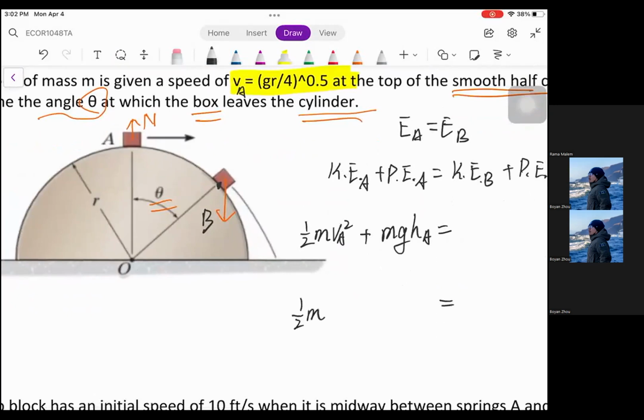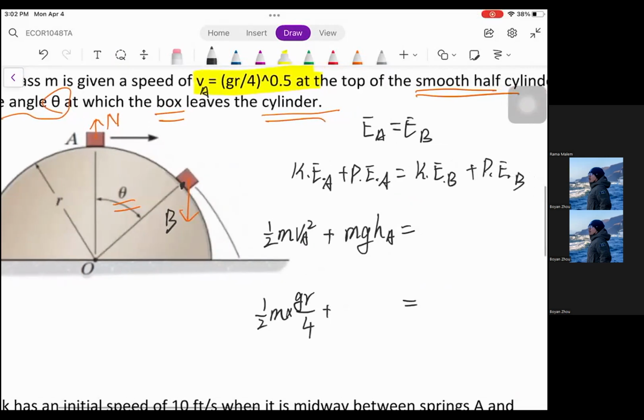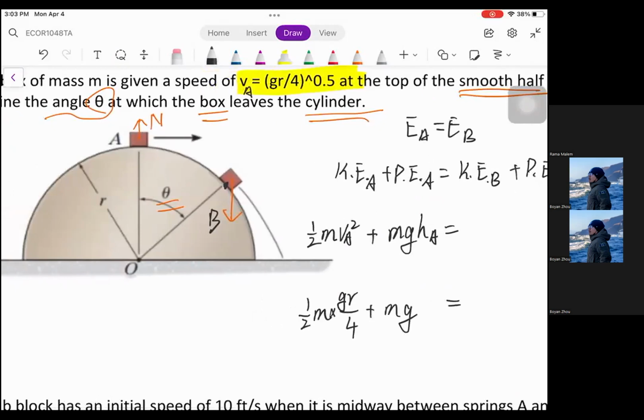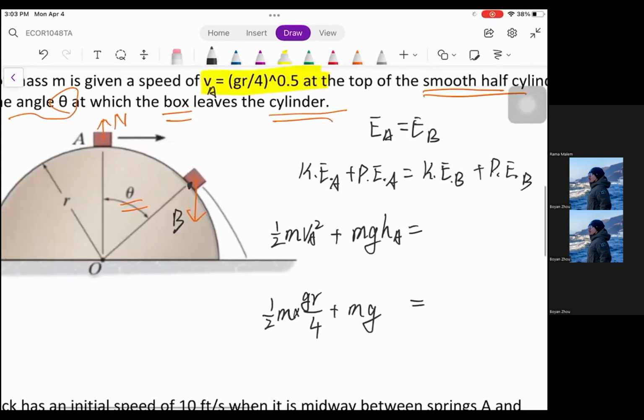So half m VA squared, with VA being the square root of gR/4, is just gR/4 times m. And the second one, m g HA. HA, when the box is at location A, is just R, the radius.